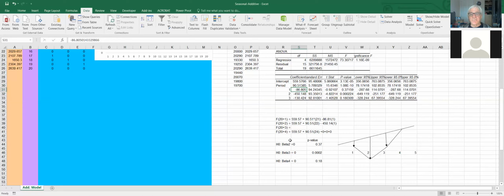So I test if beta 2 is equal to 0. If it is indeed equal to 0, then the trend line alone is enough. You don't have to adjust it with a seasonal factor. But if beta 2 is not 0, then you need the adjustment. Well, we test it and we see that the p-value is 0.37.